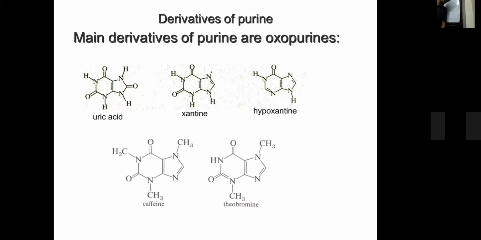Theobromine is a methylated dioxopurine analog, and caffeine is a methylated dioxopurine derivative.